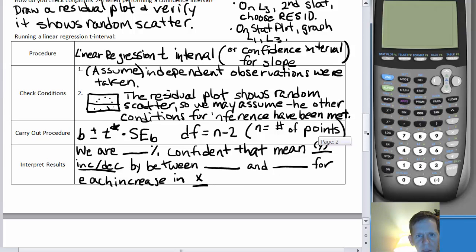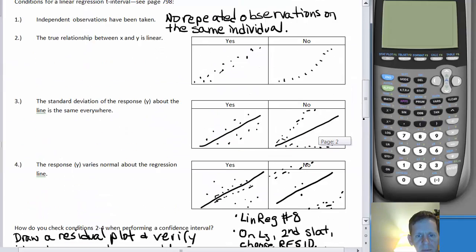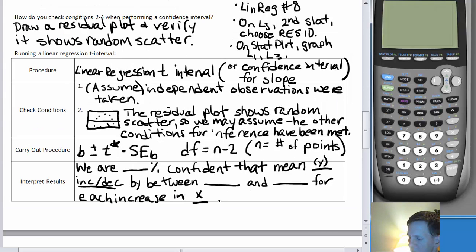If we're dealing with the front side of the worksheet, the x variable was amount of detergent. So the mean height of suds increases by between blank and blank for each increase in amount of detergent of 1, and if there's units, we'd want to include what these units are.